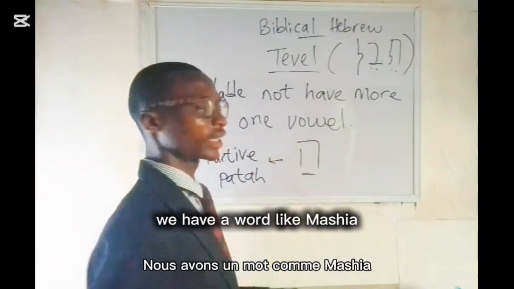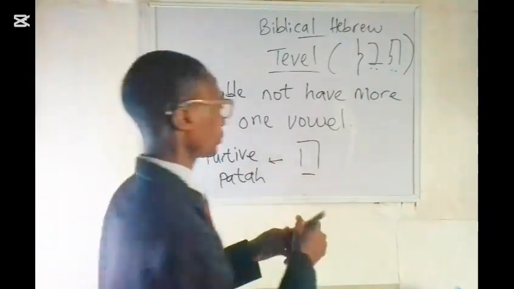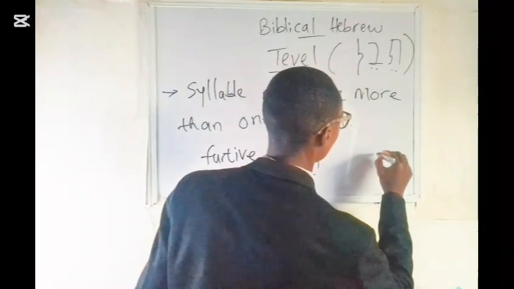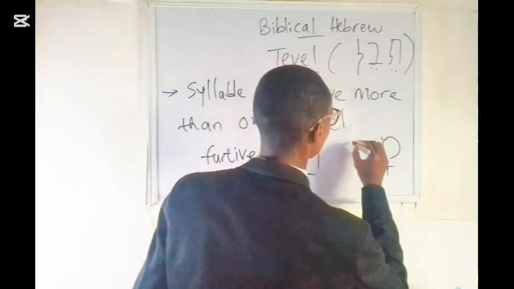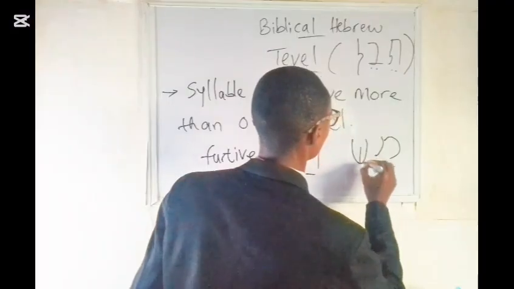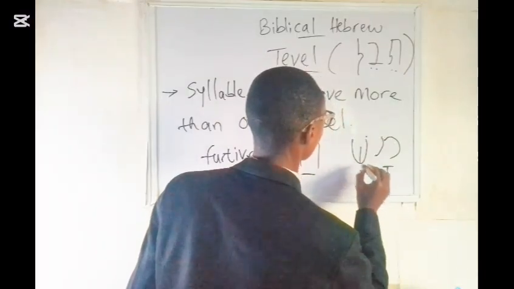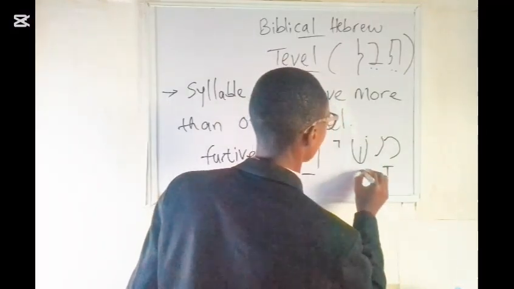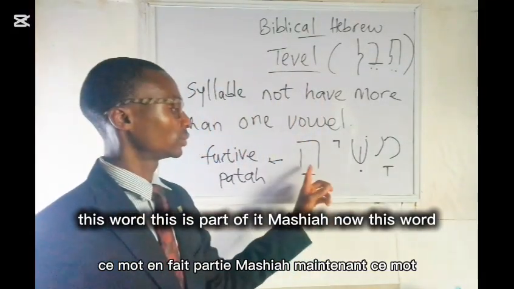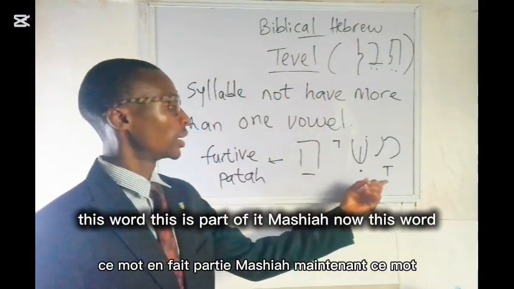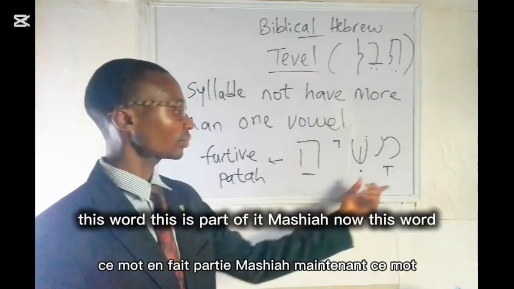For instance, we have a word like Mashia. Now, this is a word. This is part of it. Mashia.